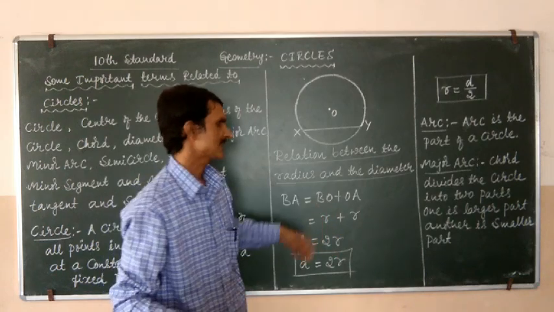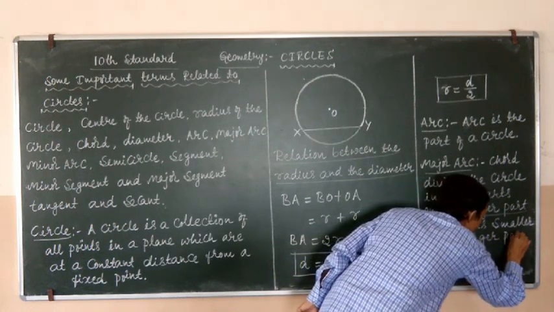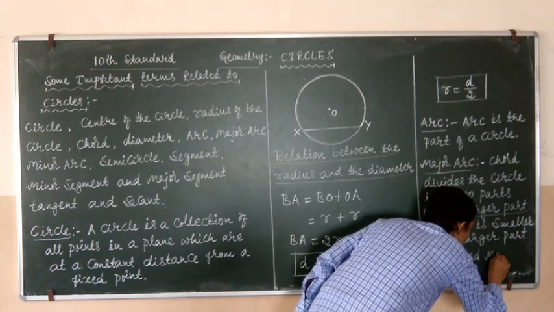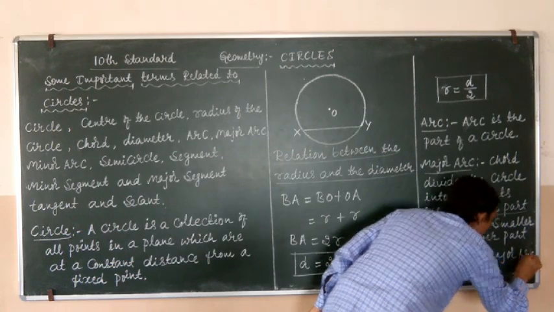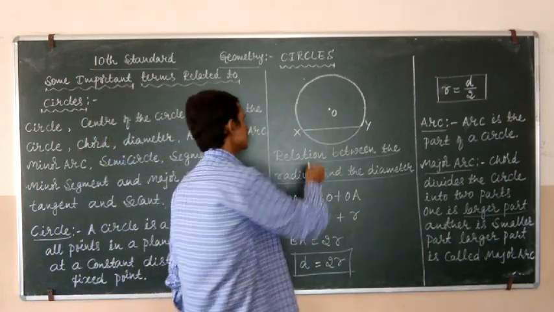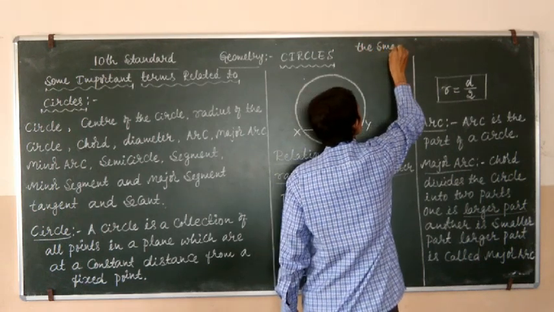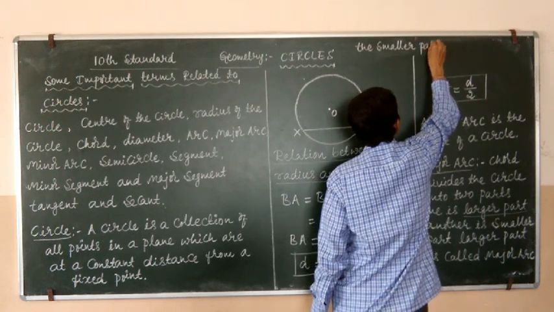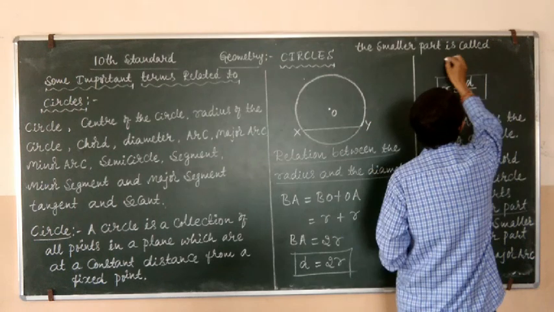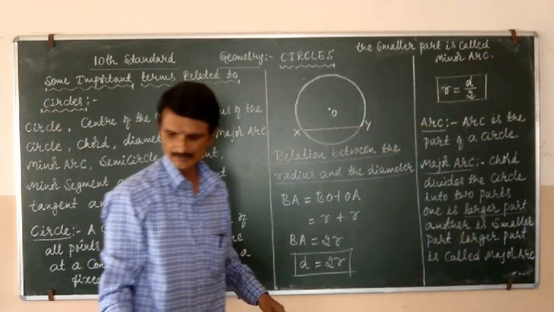So in those 2 parts, the larger part is called the major arc, and the smaller part is called the minor arc.